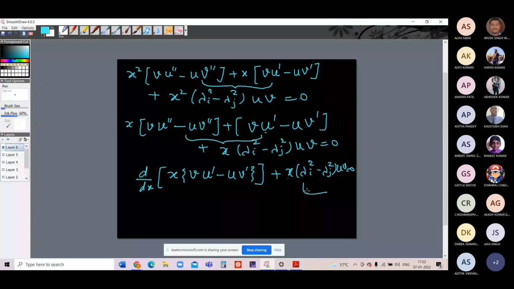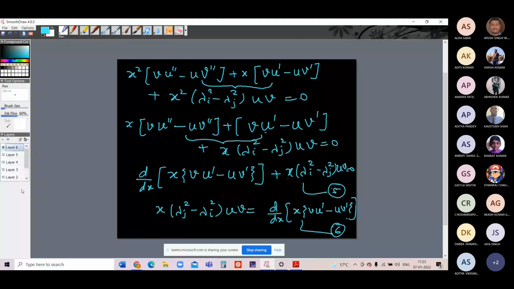This equation can also be written as x times (lambda j square minus lambda I square) u into v is equal to d by dx of x (v u dash minus u v dash). Say that it is equation number 6.